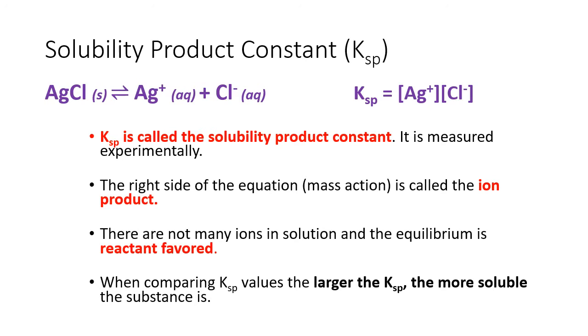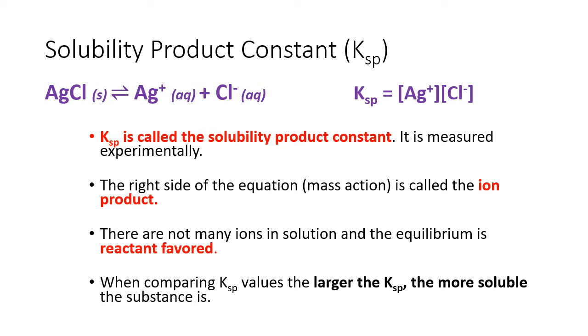From our equation of our slightly soluble salt dissociating into its ions, we could write our equilibrium expression. Our equilibrium expression is going to be the concentration of the products over the concentration of the reactants raised to the powers of the coefficients from the balanced equation.